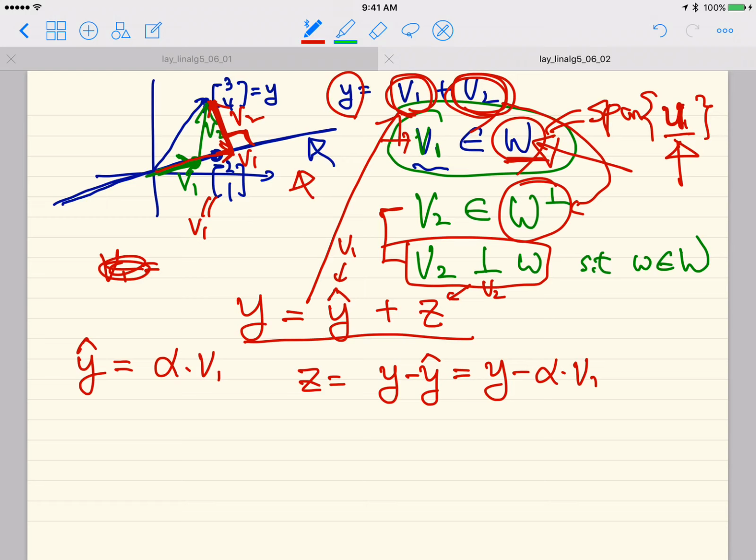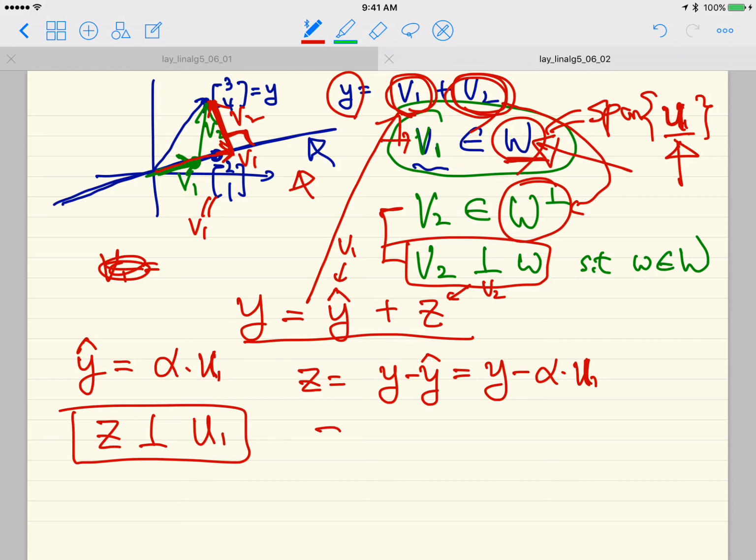Let's call our basis vector u1. Then z should be orthogonal to u1, because one of the basis vectors can be just one vector picked up from your subspace, right? So we at least have this satisfied.